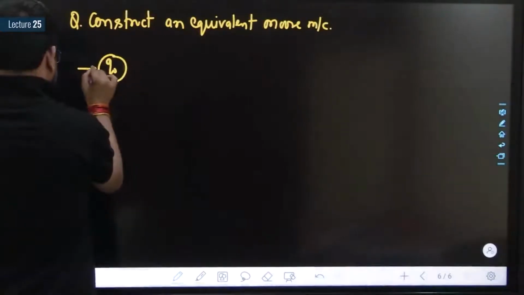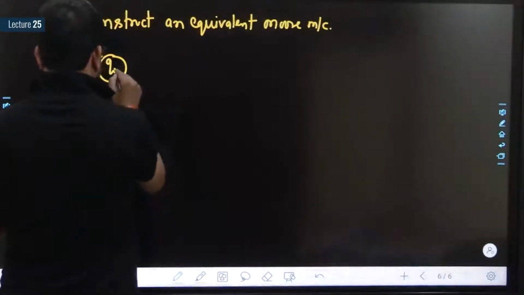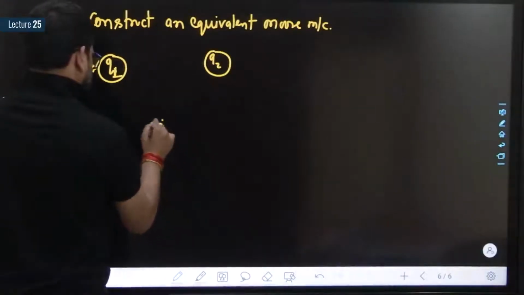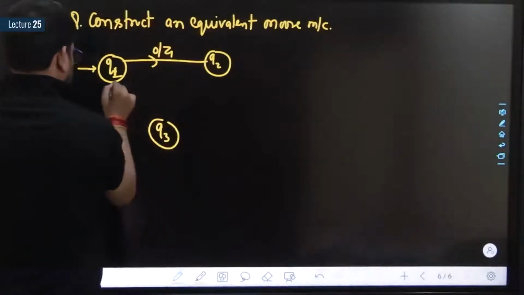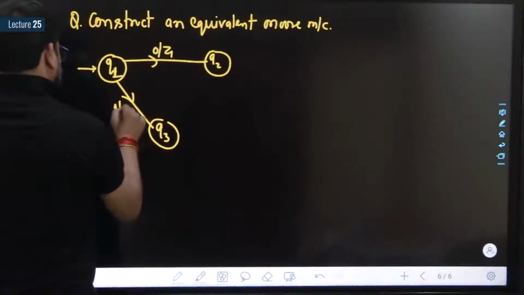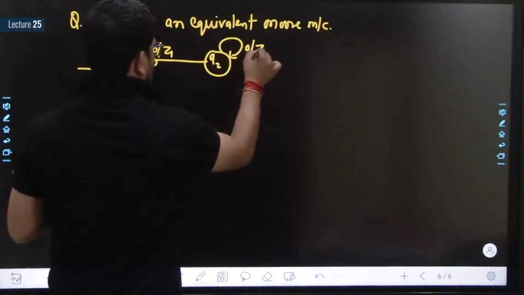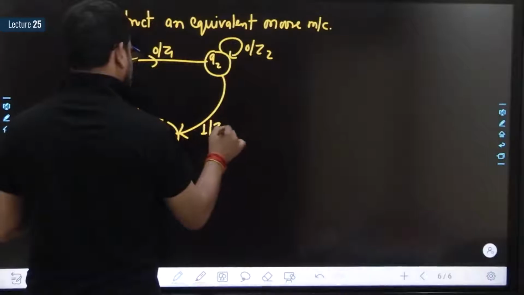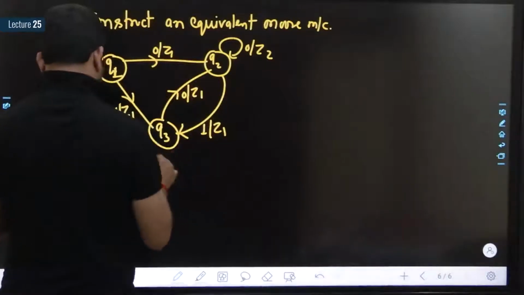Q0, Q1, Q2, Q3, with entries 0 Z1, 1 Z1, 0 Z2, 1 Z1, 0 Z1, 1 Z2.